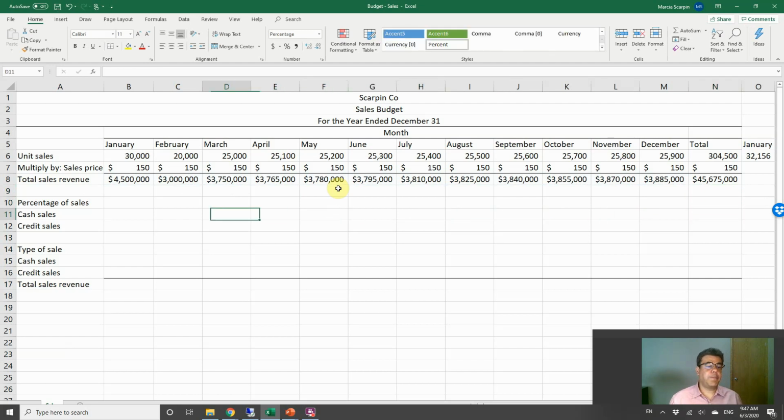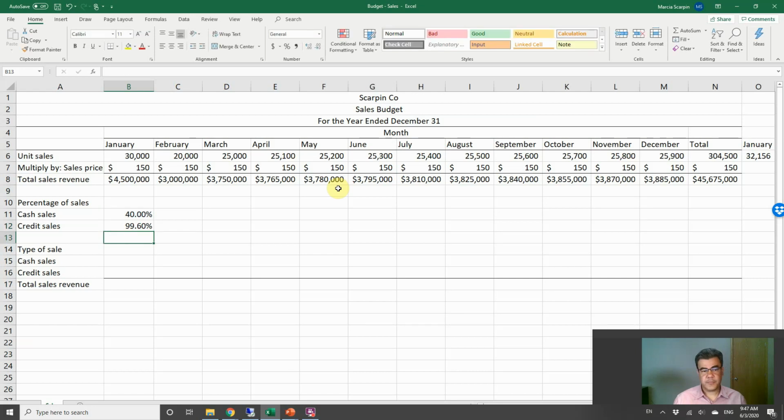And now we will split our sales into cash sales, which we are receiving now, and credit sales, which we will receive in the future. Let's consider here 40% cash sales and 60% credit sales to be easier.